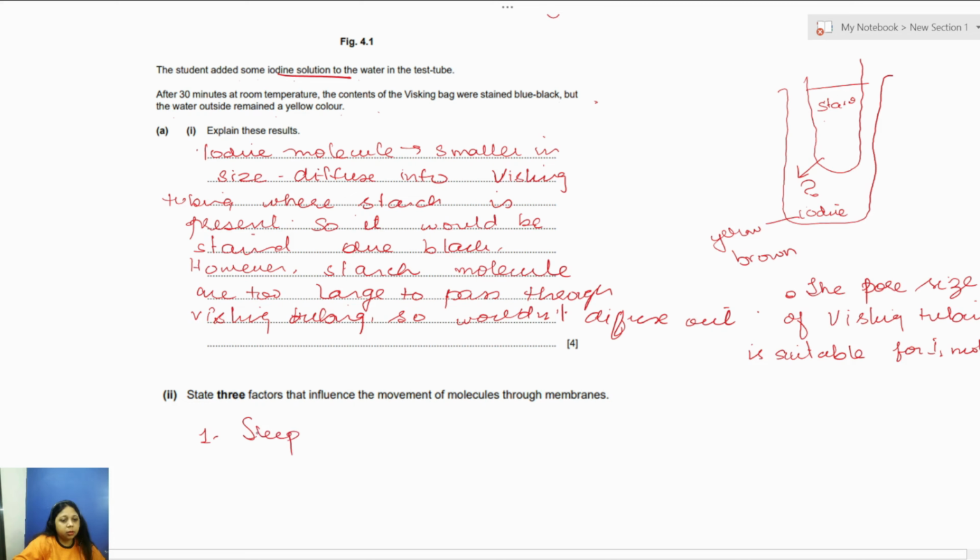Steep gradient. The steeper the gradient, the more will be diffusion. Is it inversely proportional or directly proportional? Direct. If we increase the temperature, the rate of diffusion also increases. Why?